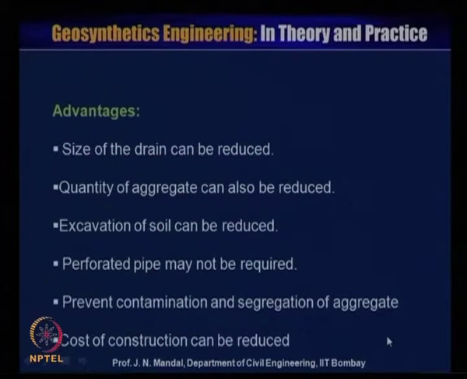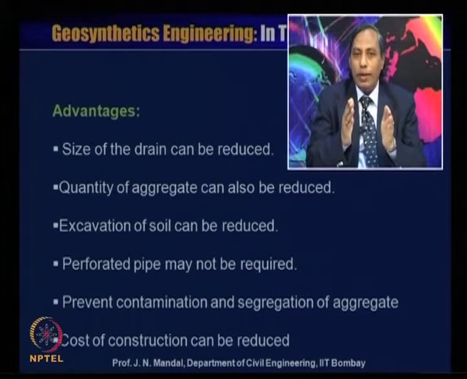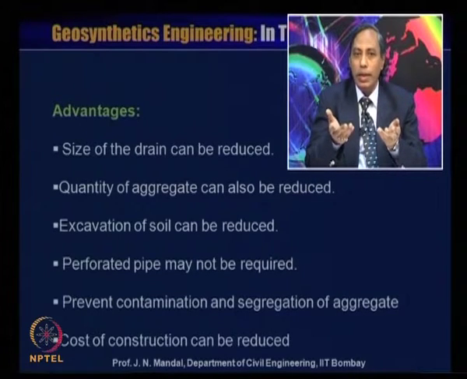Now what are the advantages? The size of the drain can be reduced, as I told you earlier. The quantity of aggregate can also be reduced because the size is reduced. Excavation of soil can also be reduced.